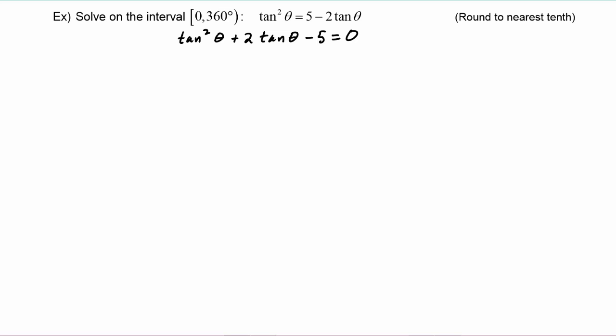Now, one thing to notice right away here is the factors of 5 are 1 and 5, and there's no way to subtract 1 and 5 and get a 2. So that tells us that this is prime, so we're going to be using the quadratic formula.